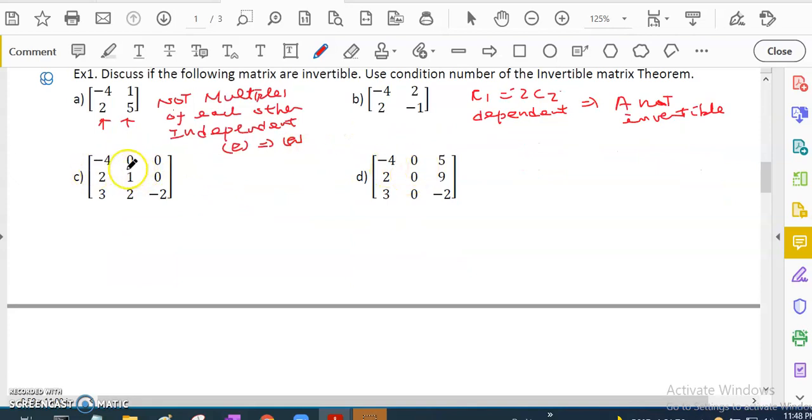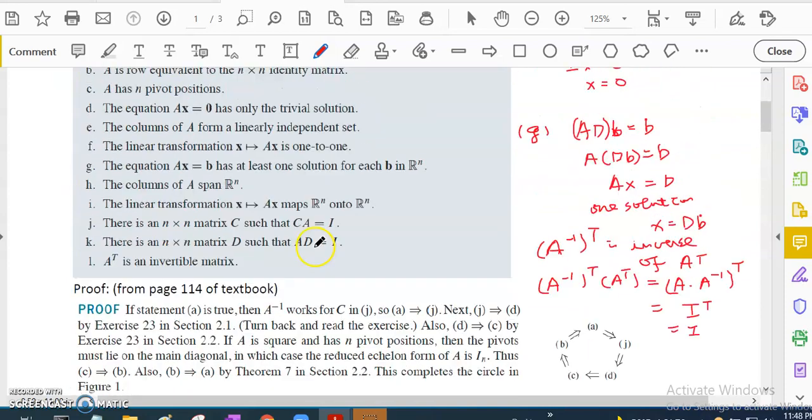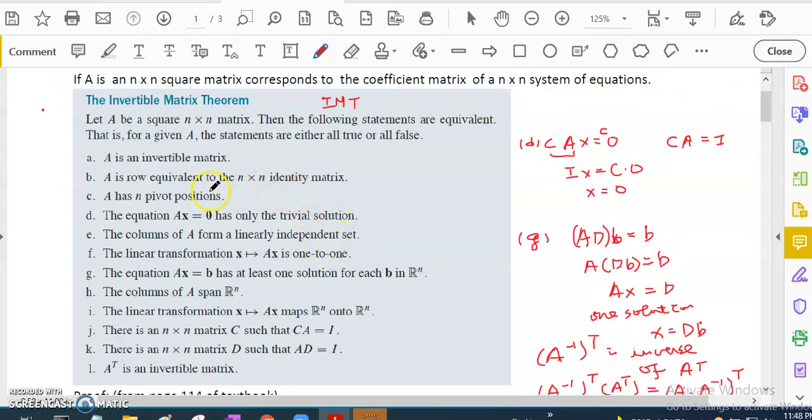And for the third one, we would use the transpose. Let's say this is A, then A transpose would become negative 4, 0, 0, 2, 1, 0, 3, 2, negative 2, which is a row echelon form with 3 pivot positions, meaning it meets the condition for, what was it? Pivot position is C, right?